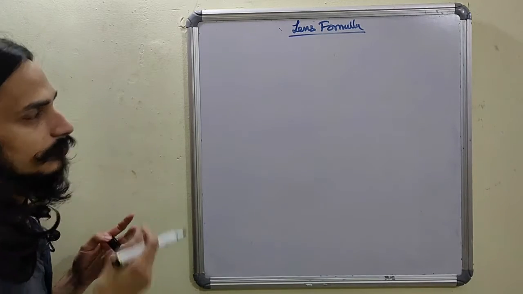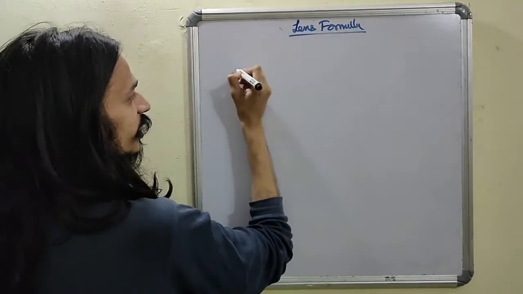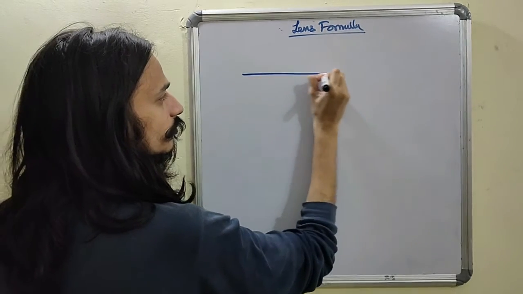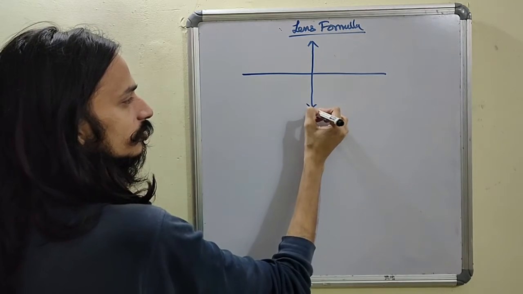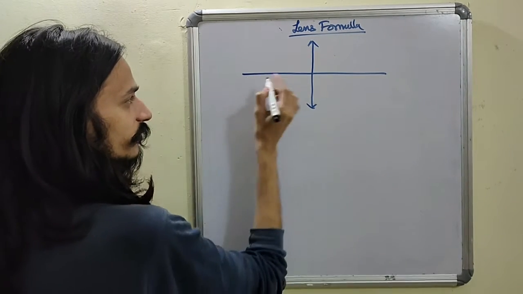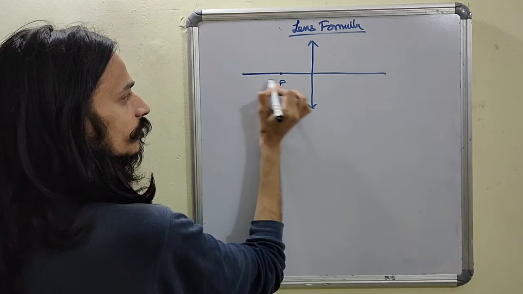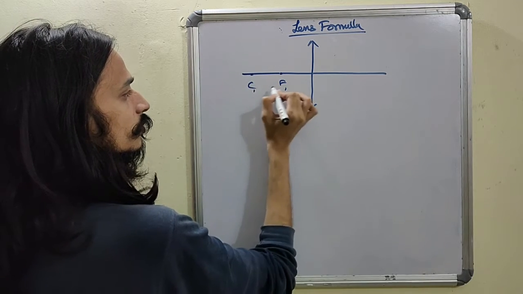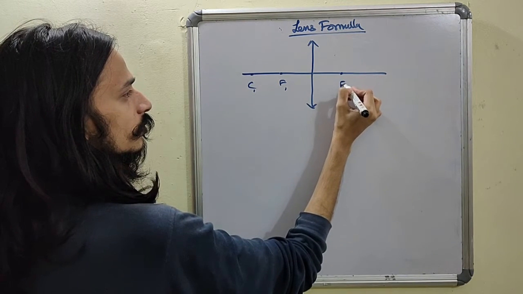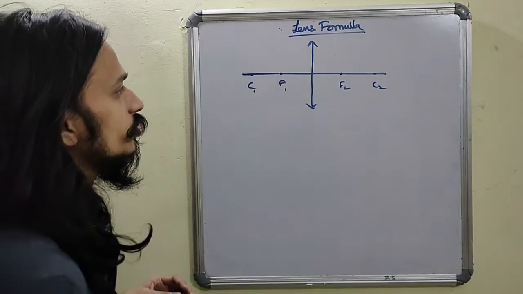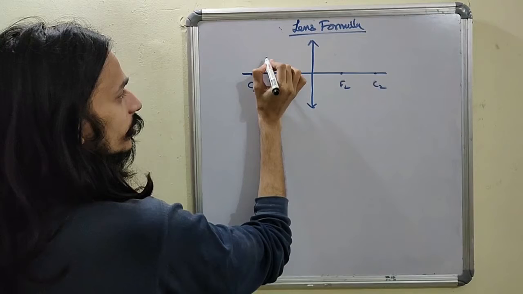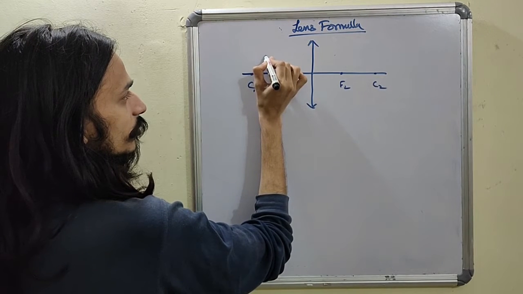So to give us an idea about this, I'll first draw a diagram, a diagram we are familiar with. This is a convex lens. I'll just take any random diagram that we know, maybe this one.